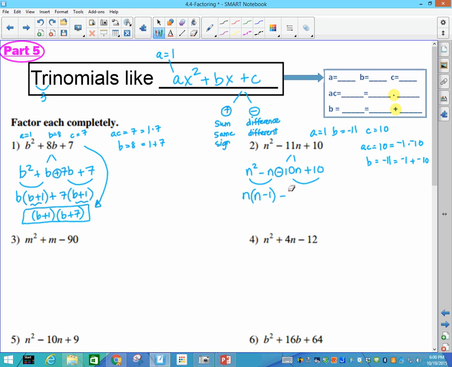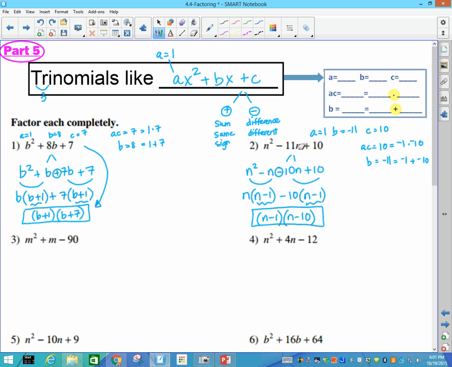Carry down my minus sign. Common factor of 10, and remember I said keep that factor the same. So that's minus 10 and plus 10, giving me here, and then here is my common factor, n minus 1, and then what's left is n minus 10. And so that's what I have.